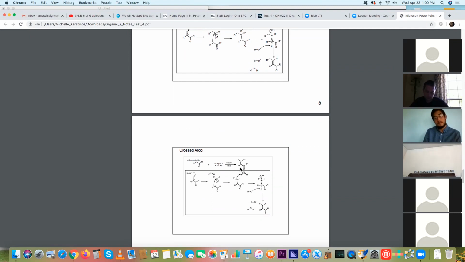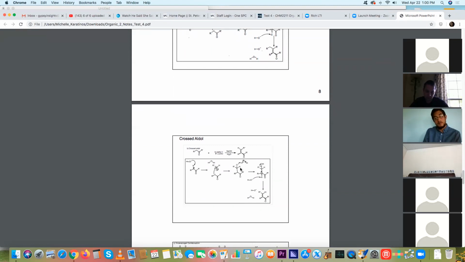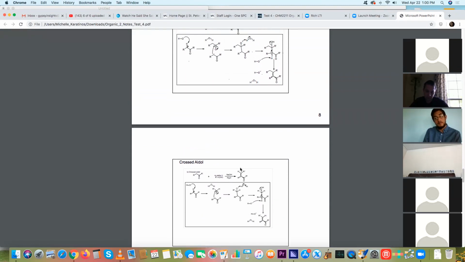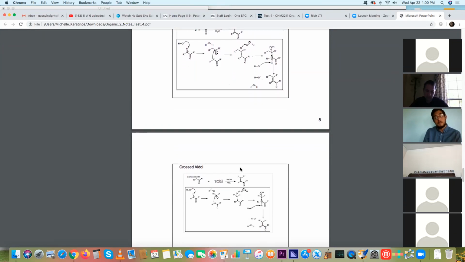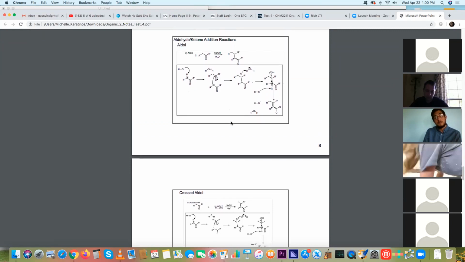The products are pretty similar actually, but the means that they come about are a little bit different, because in the case of the crossed aldol, the only thing that can be attacked in the first step is the one that has the alpha hydrogen. And the one that gets attacked by the negative charge is the one that doesn't have the alpha hydrogen. In the case of the regular aldol, you can see that it's really attacking another molecule of itself. So there's the difference there.